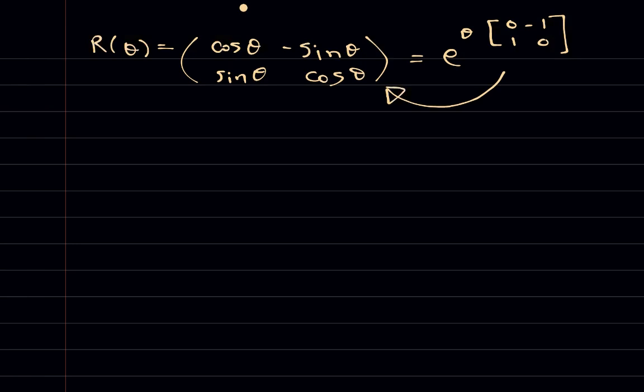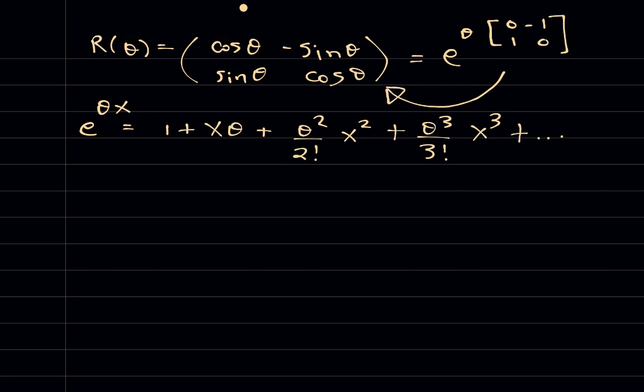So let's start. This is nothing but e to the power theta X, that equals 1 plus X theta plus theta square by 2 factorial X square plus theta cube by 3 factorial X cube, and so on. So we know what X is. X is 0, minus 1, 1, 0.